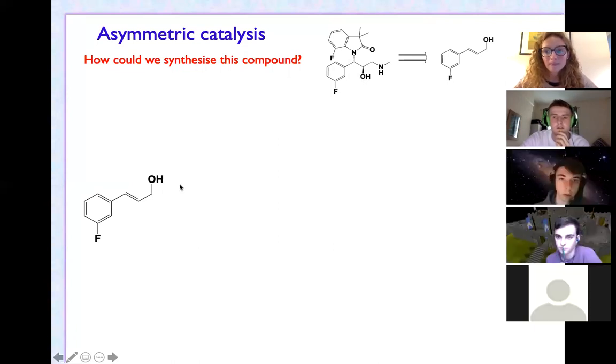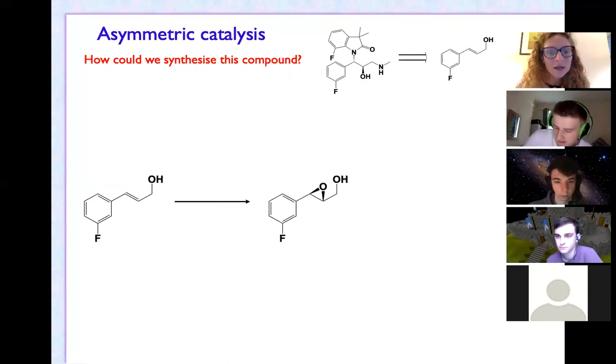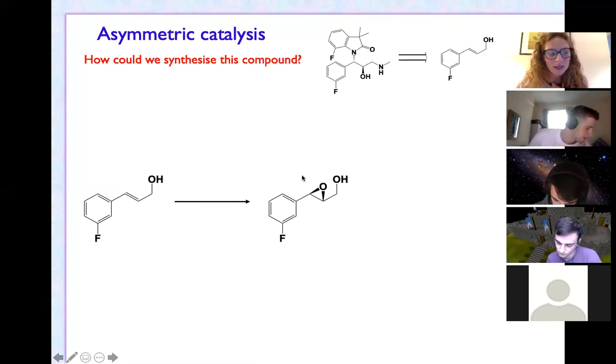A wedged one. So is the oxygen coming towards us? Coming towards us. Very good, Jack. Excellent. So can you tell me what we need in the reaction in order to get this epoxide here, guys? D-minus diethyl tartrate. Excellent.